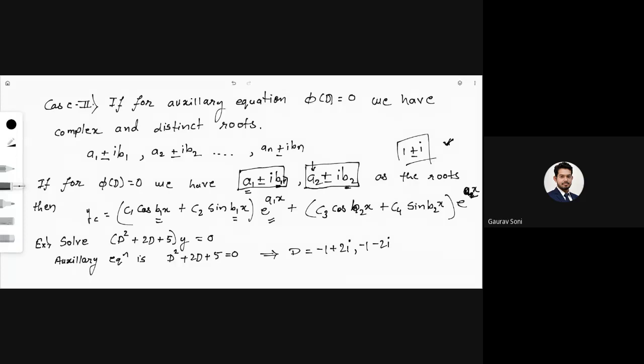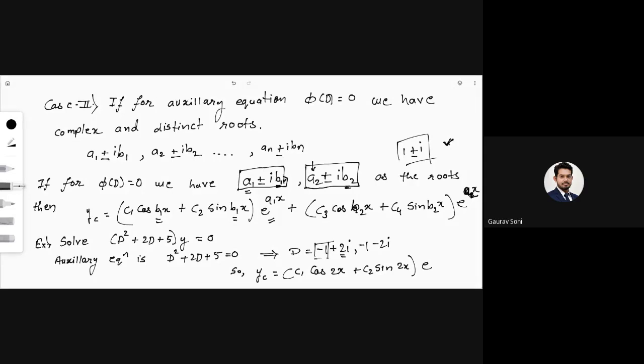So I said that for this pair, we will write just one solution. So yc is equal to c1 cos. What comes with cos? The thing with i, what is there? 2. So 2x will be there, plus c2 sine 2x, and then with e comes the real part, -1.